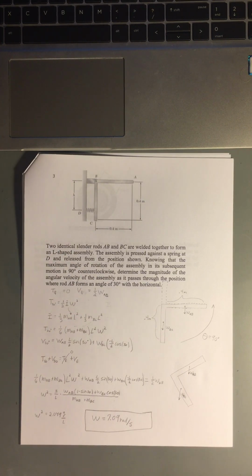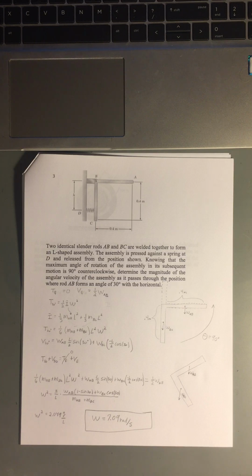And so in order to solve this problem, we want to use our energy equation. And so what I did was I just thought about the potential energy before and after, and the kinetic energy before and after, and then we can plug those into our known equation and try and solve for omega.